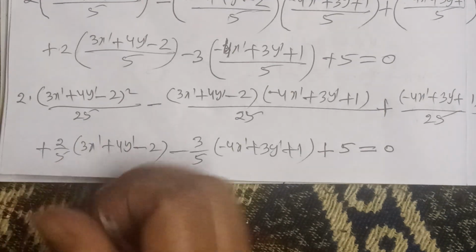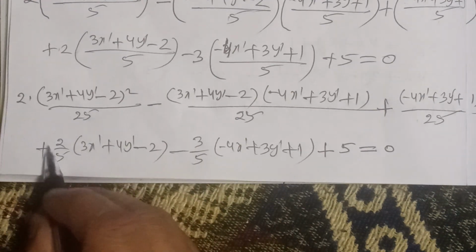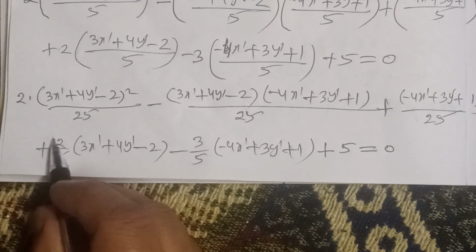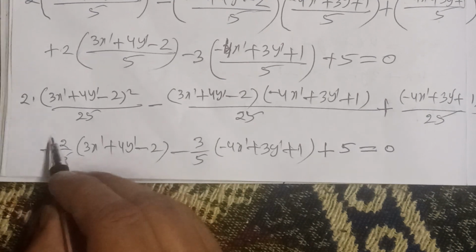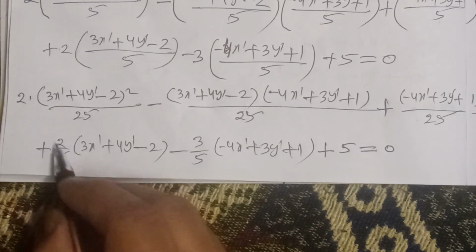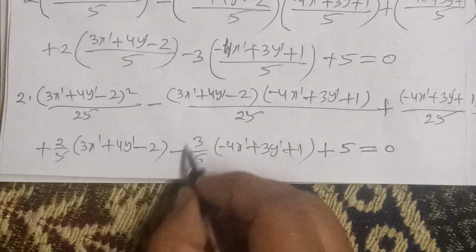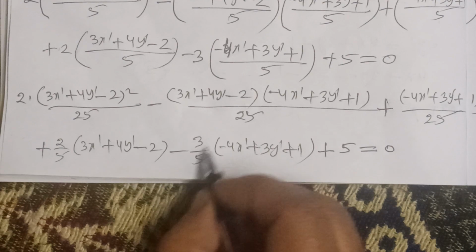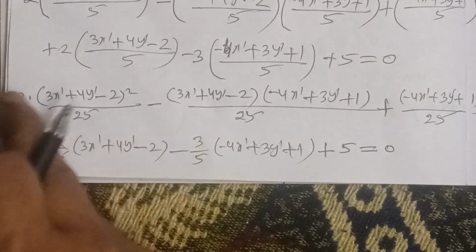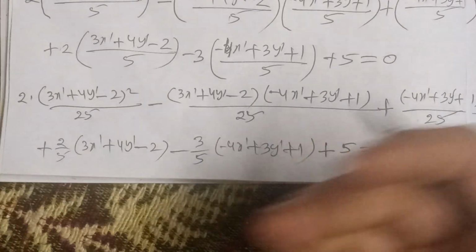But when we multiply 25 here, 25 is cut by this 5 and we get 5. 5 into 2 becomes 10, and this becomes 15, because 25 divided by 5 is 5, and 5 into 3 is 15.